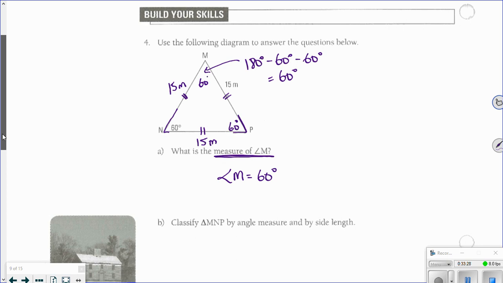And now if I classify triangle MNP by angle measure and by side length, according to my angles, it's 60 degrees, 60 degrees, 60 degrees. They're all equal. This is an equilateral triangle. Oh, sorry, that's the one for the side length. Equilateral is a measure of side length.